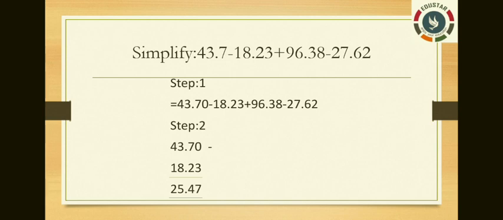Step 3, subtract the next two decimal numbers. 96.38 minus 27.62. Subtract these two decimal numbers, we will get 68.76.